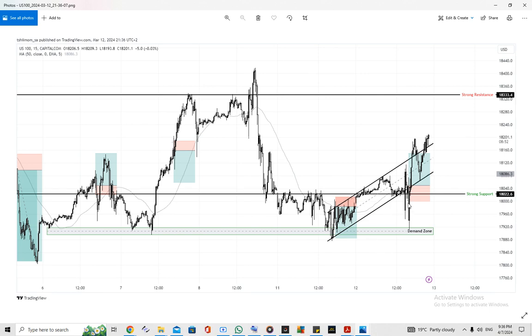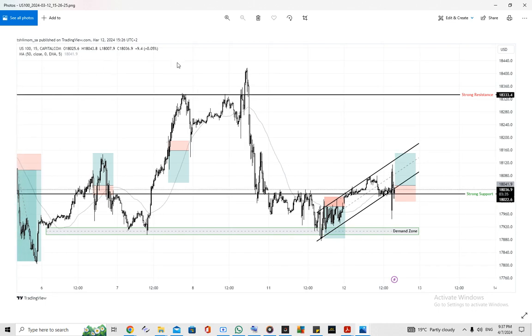What I think happened here is that the sellers were induced to come to this level, to this demand zone, to collect liquidity before pushing to the upside.